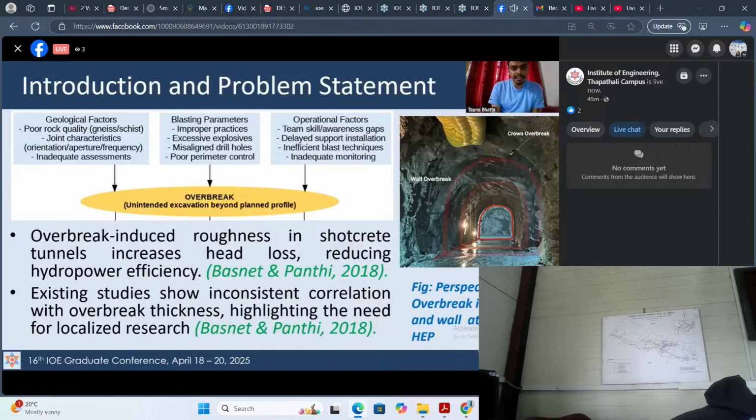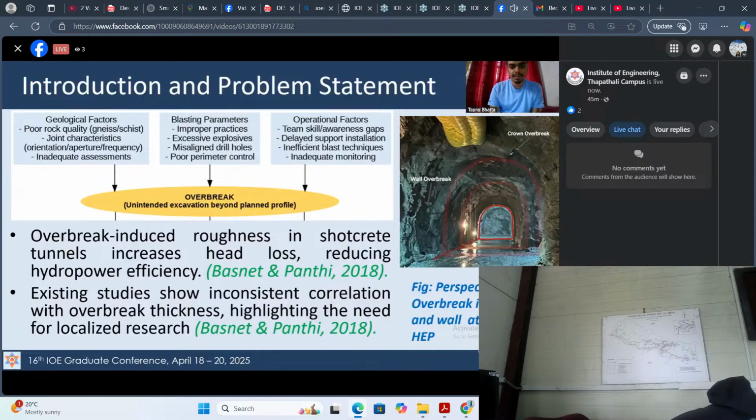Overbreak is unintended excavation beyond the planned profile, and it mainly depends upon geological factors, blasting parameters, and operational factors. For geological factors, there is poor quality rock mass, joint characteristics like the orientation of joints, aperture of joints, how frequent the joints are, and inadequate assessments as well.